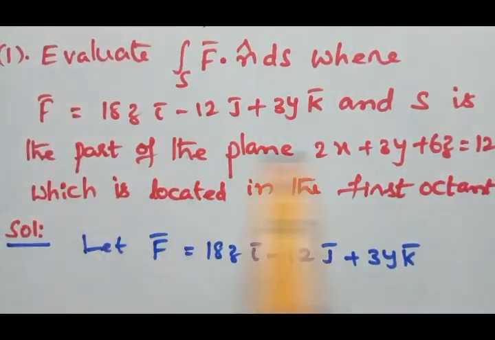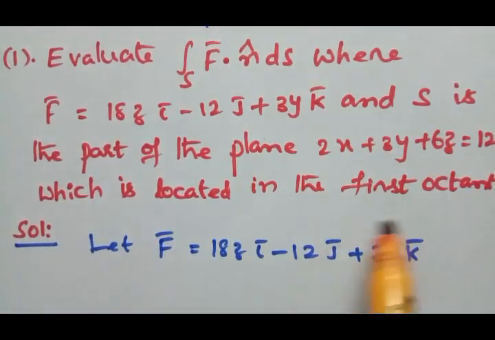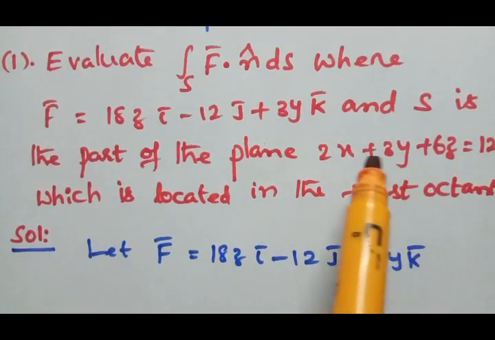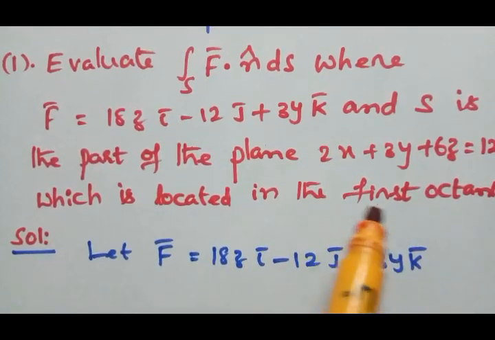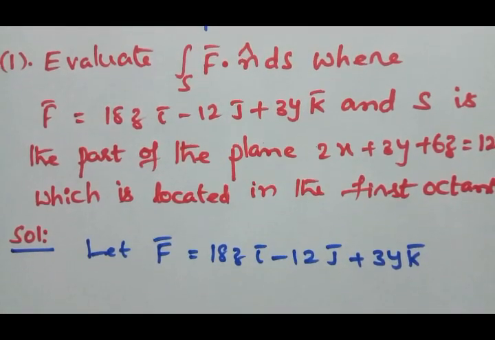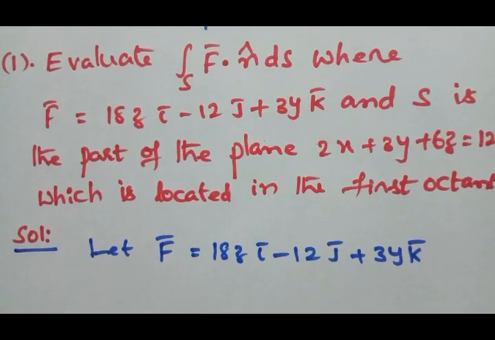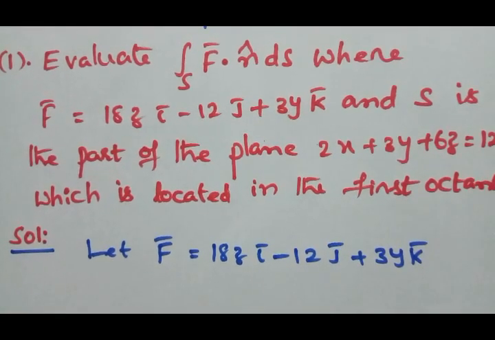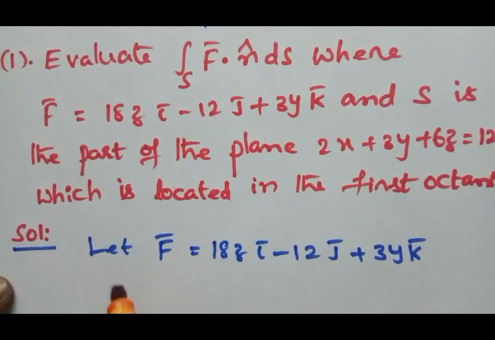That is the meaning of S is the part of the plane in the first octant. The lower values of positive x, y, and z axes are 0, 0, 0 respectively.